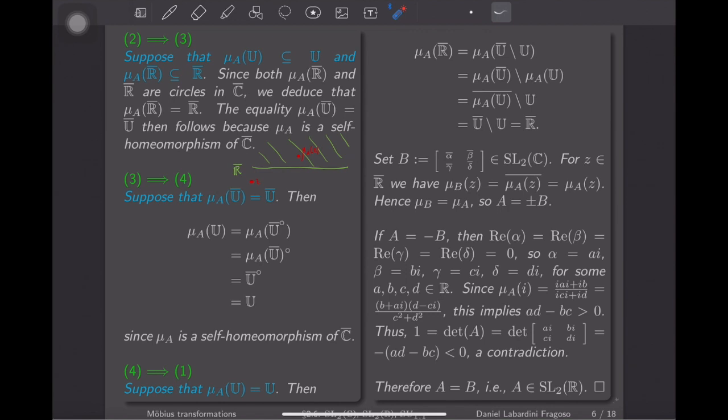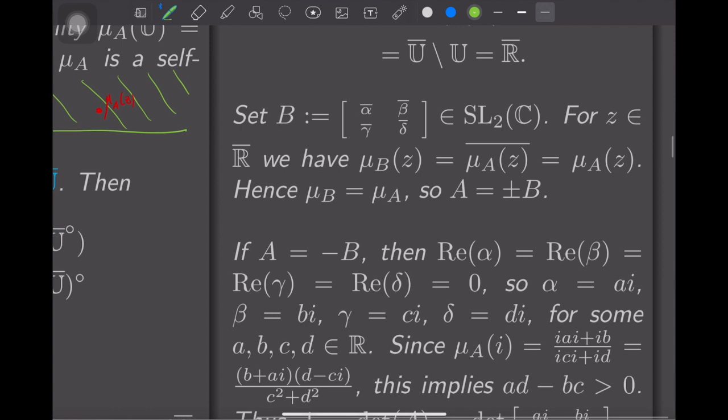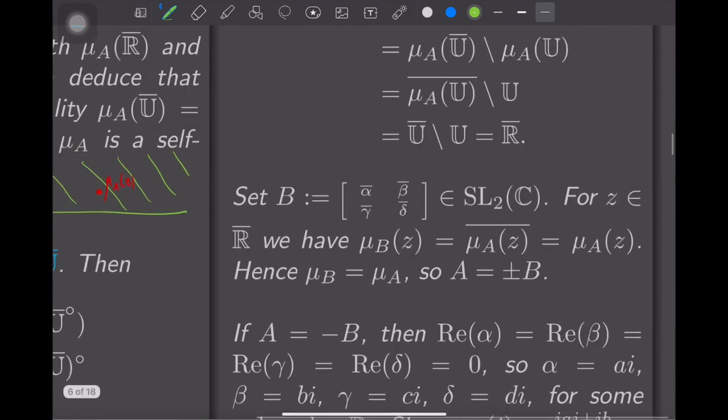So I take the complex conjugate of my matrix A. So this is just the conjugate, and for every z in R bar, what I realize is the following: mu b of z is alpha conjugate z plus beta conjugate divided by gamma conjugate z plus delta conjugate.